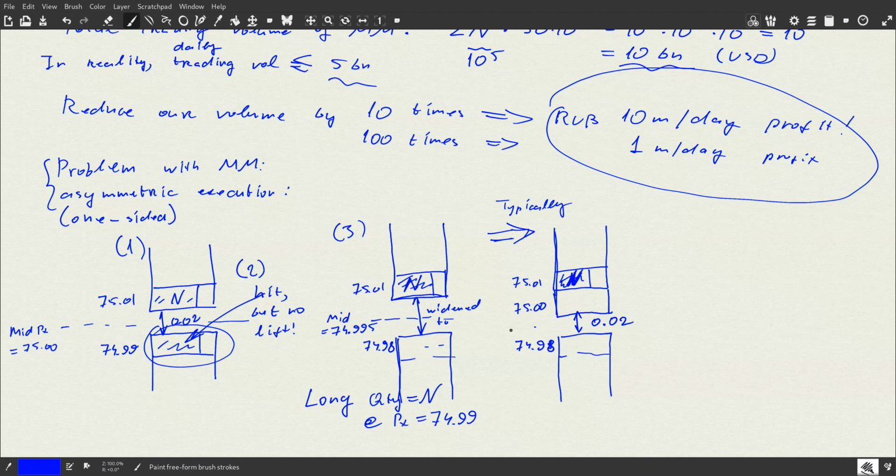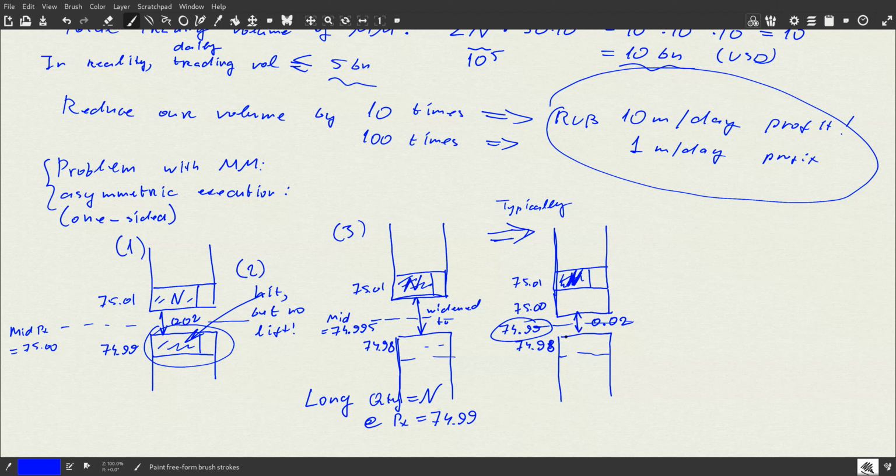And now the mid price is 74.99. So what happens? We entered a long position at the price 74.99. Now the mid price is 74.99.